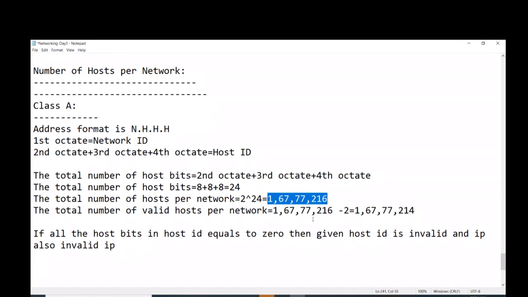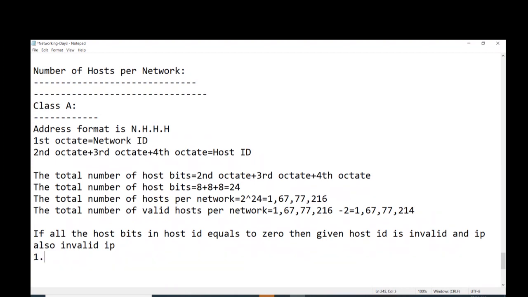And here you have made minus 2 because of the case where all the host bits are 0. I'll write it down: if all the host bits in the host ID are equal to 0, then the given host ID is invalid, and also an invalid IP.